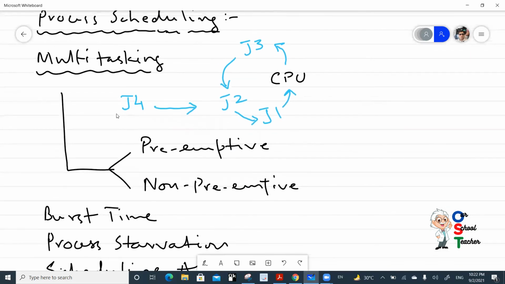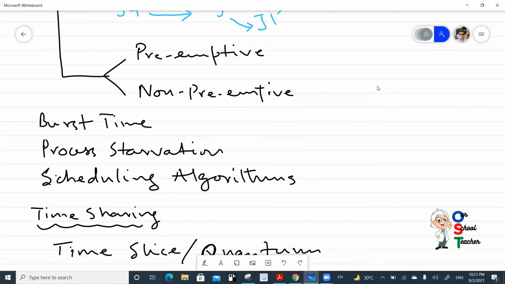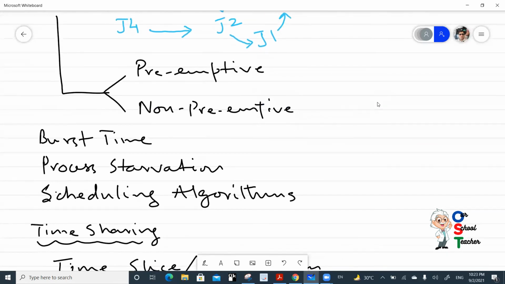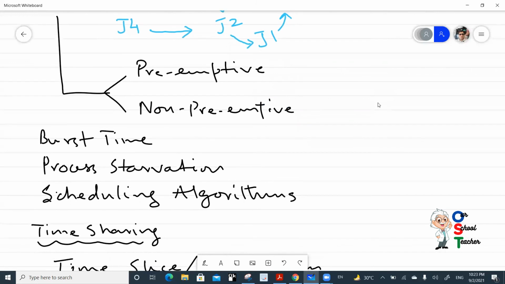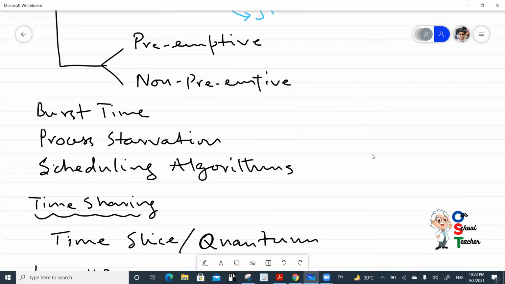Multitasking means executing more than one task in memory, and time sharing means dividing CPU time so that those multiple tasks could be executed. The time which is given to a particular process is called time slice. So a process may require multiple time slices to be completed.